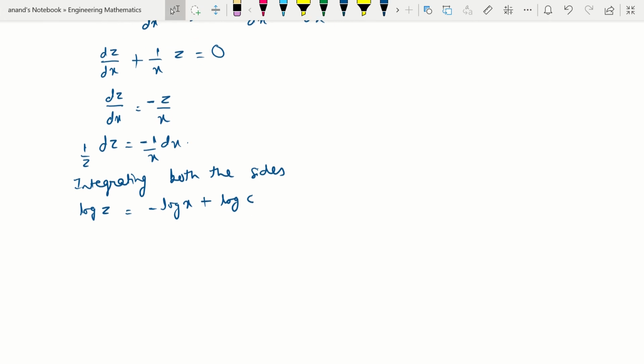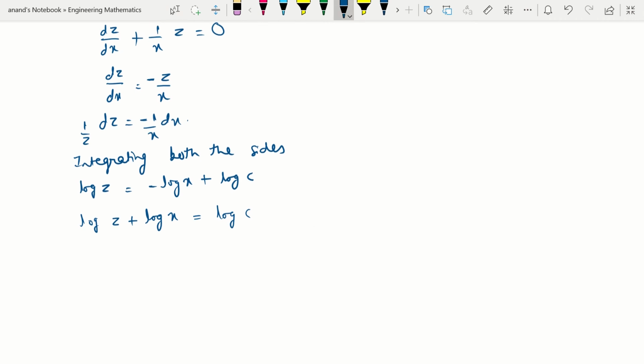So here we get log z plus log x equals log c.